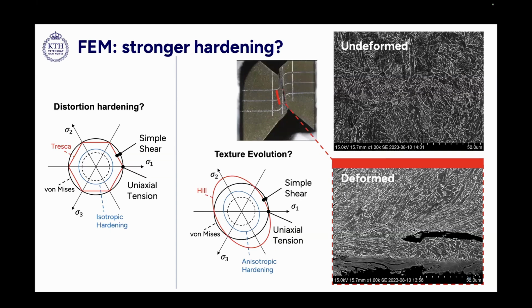And here we will also have a good prediction of the uniaxial tension test, but too strong a prediction in the simulation compared to the experiment. And this phenomenon is called texture evolution in the literature. So that's what we've done so far.